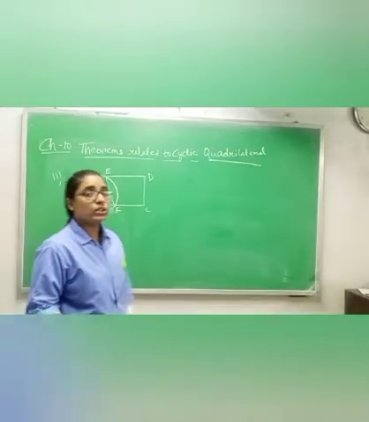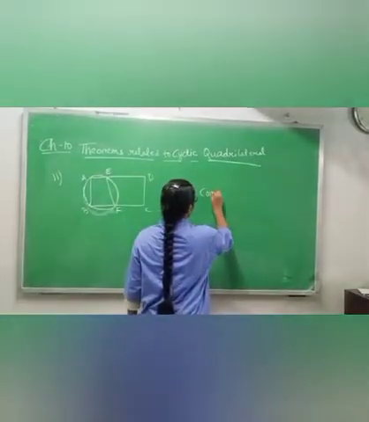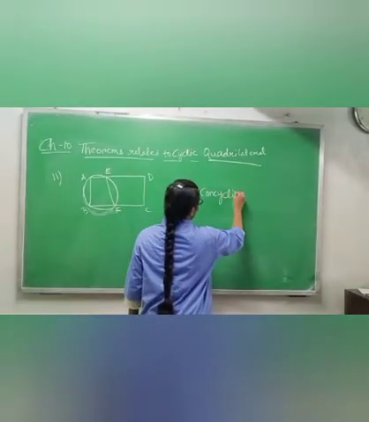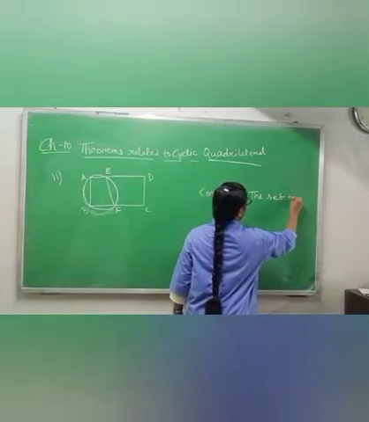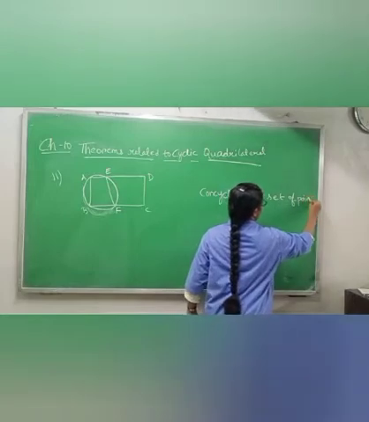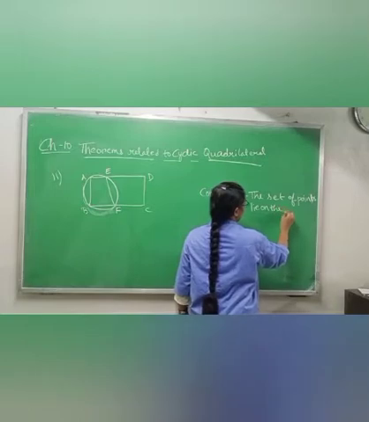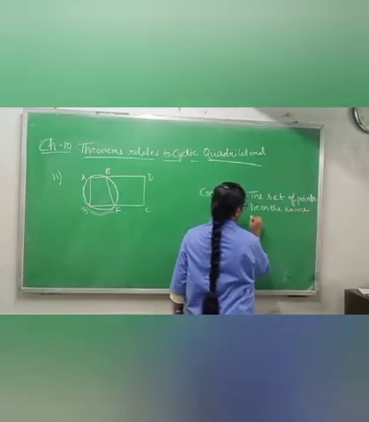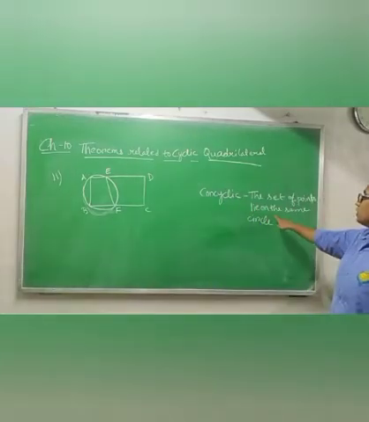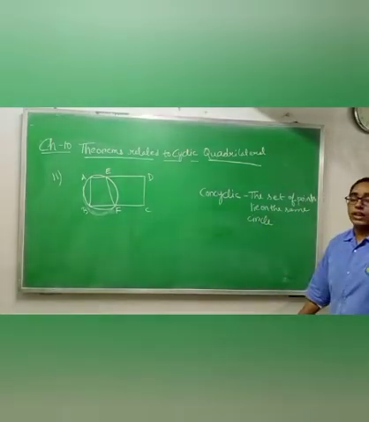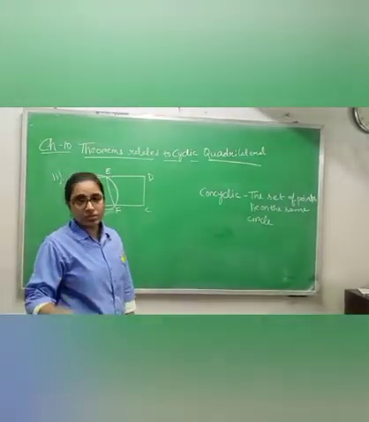Now you have to know the meaning of concyclic. I am writing the definition here. Concyclic: the set of points that lie on the same circle is known as concyclic. It means E, F, C, D must lie on the same circle.